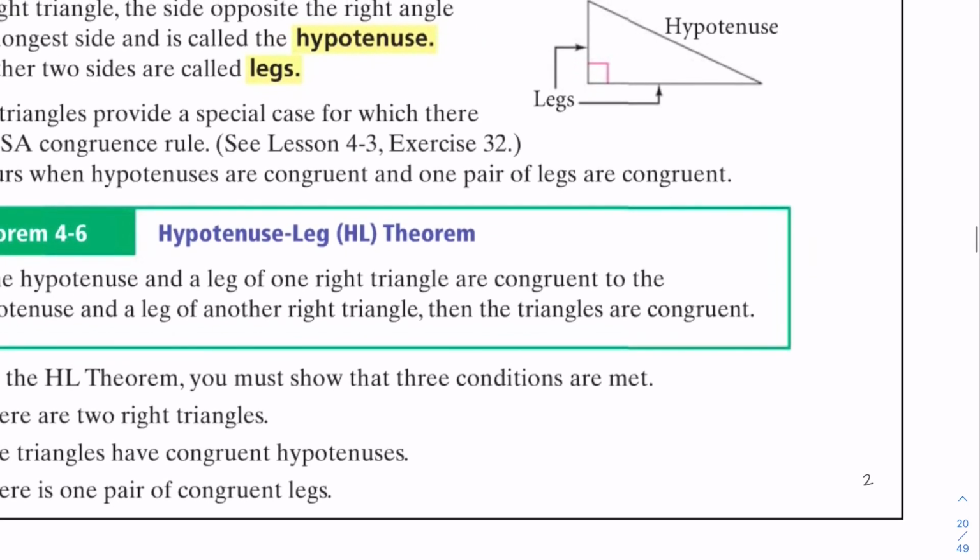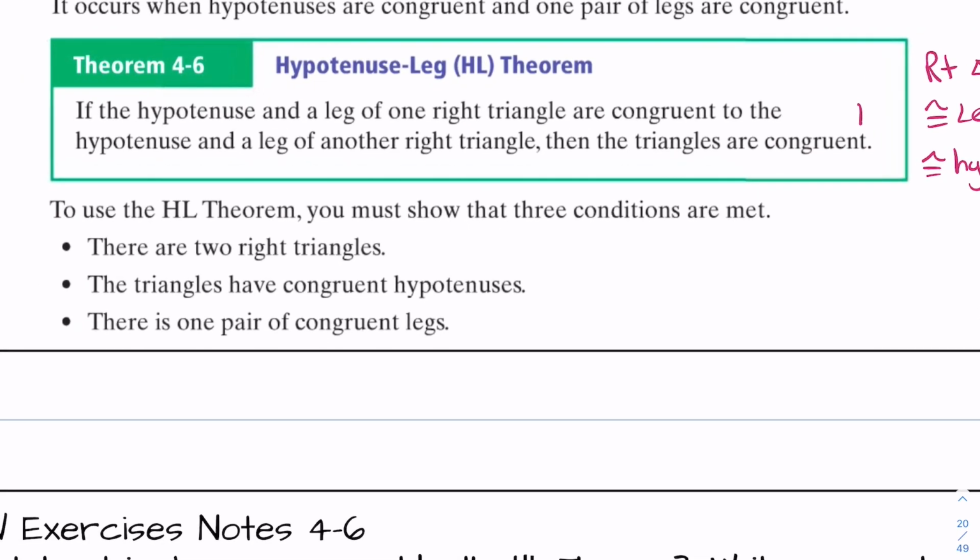So here's what you need to ask yourself. Is it a right triangle? Do we have congruent legs? And do we have congruent hypotenuses? Let me rewrite it.